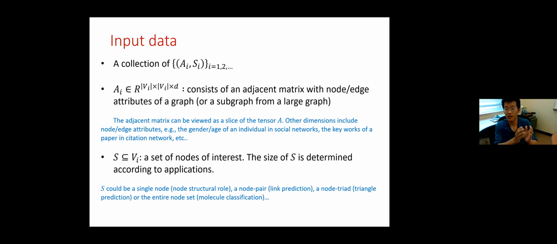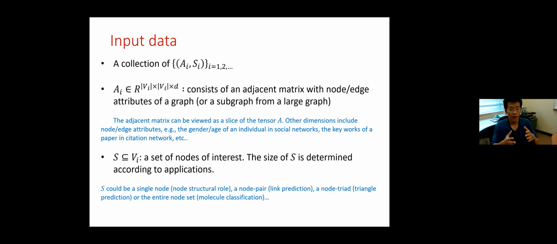Note that this A here could be either a single graph, such as corresponding to a molecule structure, or it could be a subgraph extracted from a large network. Okay, so maybe the contextual graph around a node or around a pair of nodes.